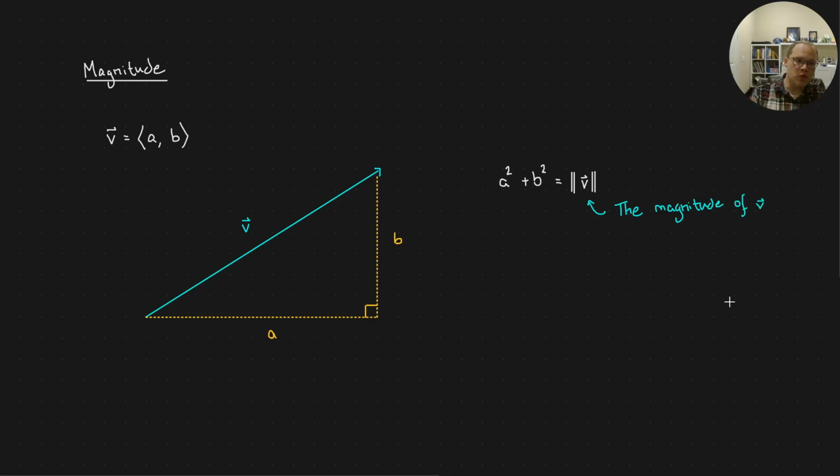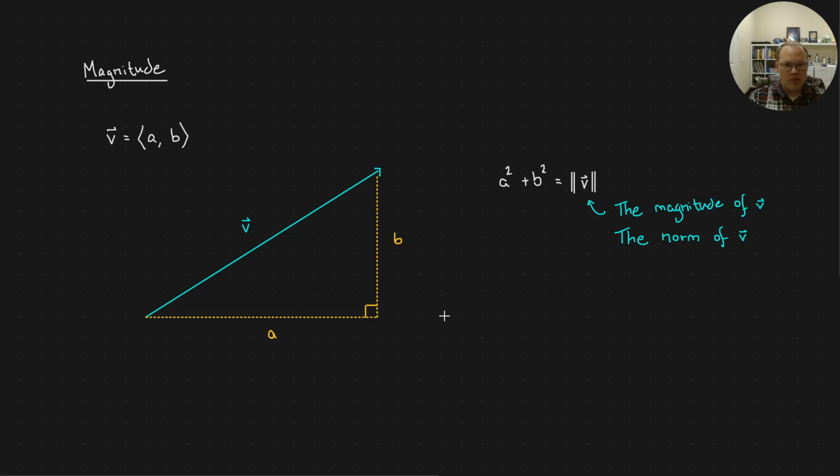And it actually has a few names, magnitude or length, but those two absolute value bars is called the norm operator. And so sometimes we also call this the norm of v. And finding the magnitude, applying that operator, we sometimes call it taking the norm.